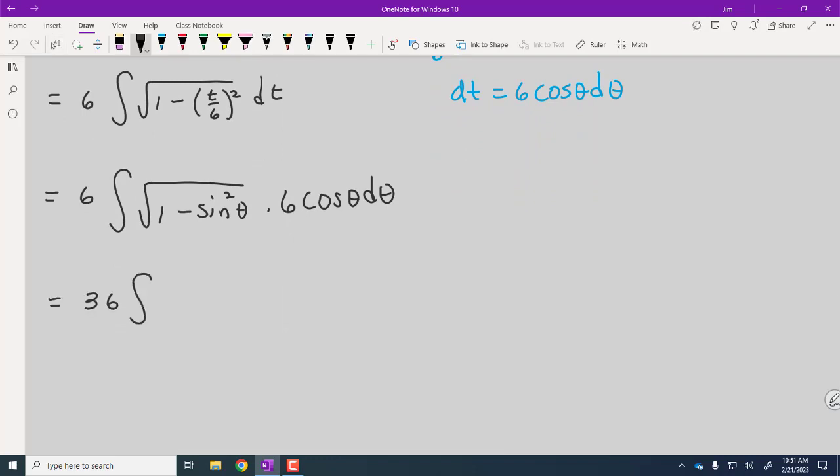And so here is a great example of what I mean by the book doesn't always clarify. Let me write this and then I'll mention it. The book does not always clarify that cosine of theta is going to be positive here.